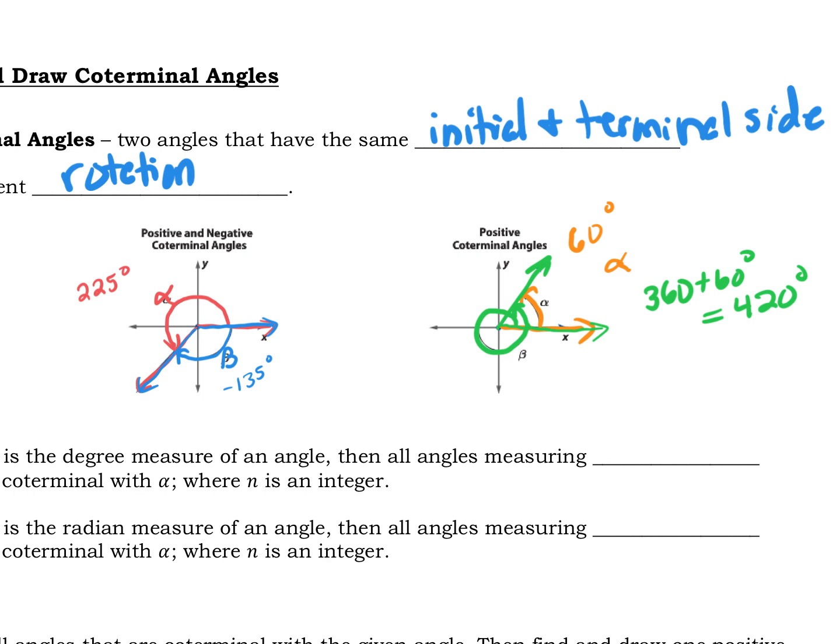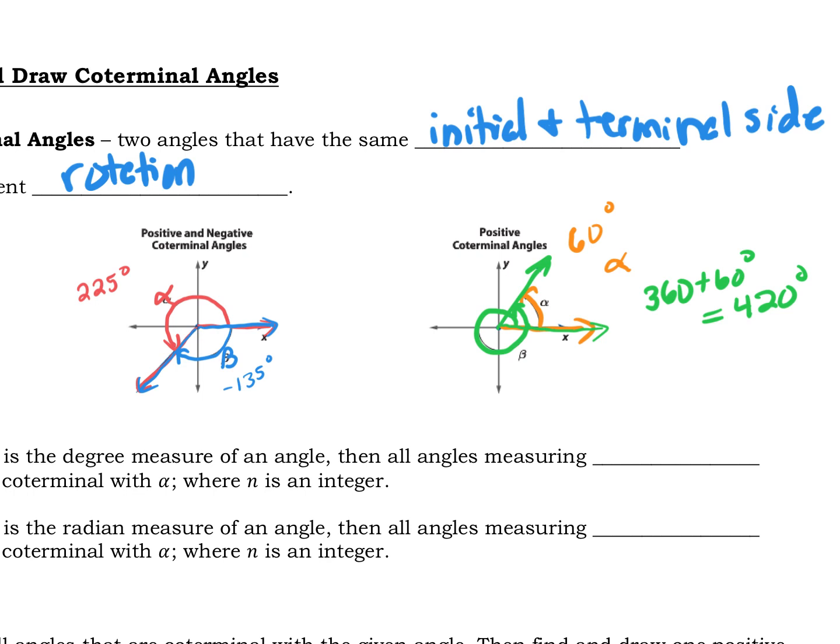Okay. So if you think about it, it's basically a change or a rotation of either adding or subtracting 360 degrees, or if we're in radians, adding or subtracting what's equivalent to 360 degrees, which would be 2 pi, right?